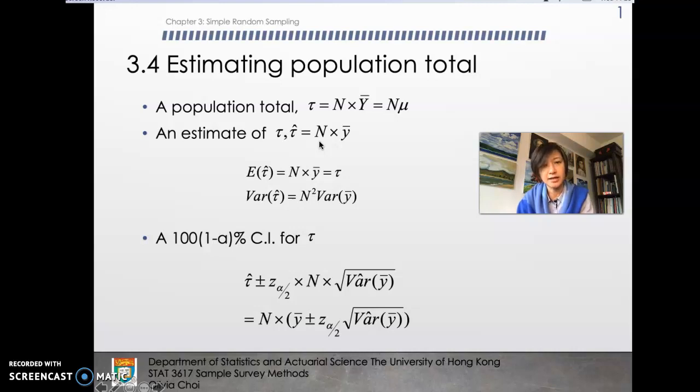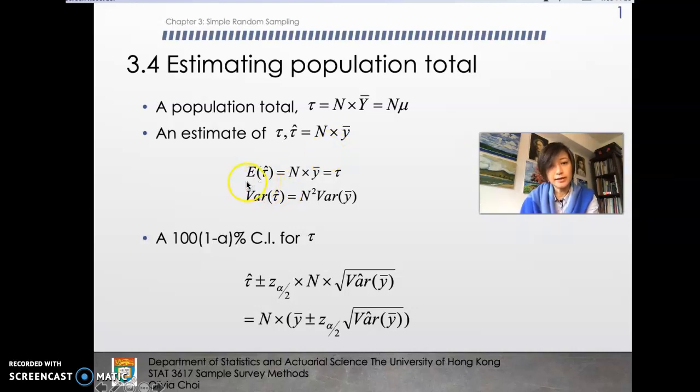Let's say I take a sample of 5 oranges and estimate our sample sugar content, and then we find the per orange sugar content is about 65%, let's say. Then we can multiply by the total number of oranges in the box, and estimate the total sugar content in the box of oranges.